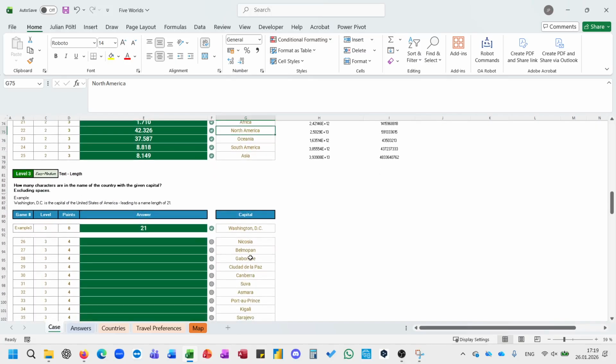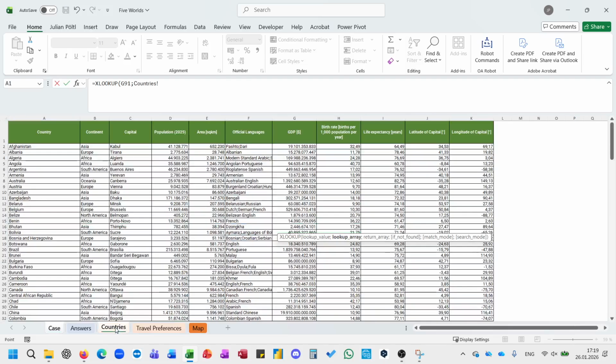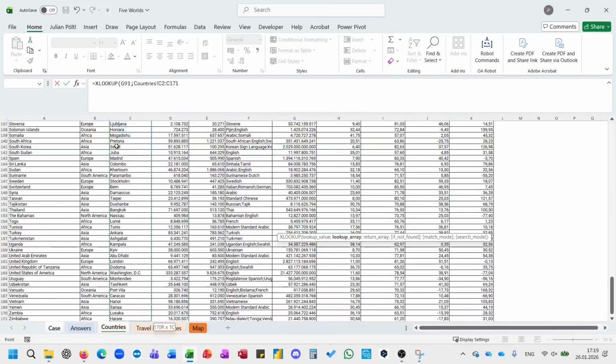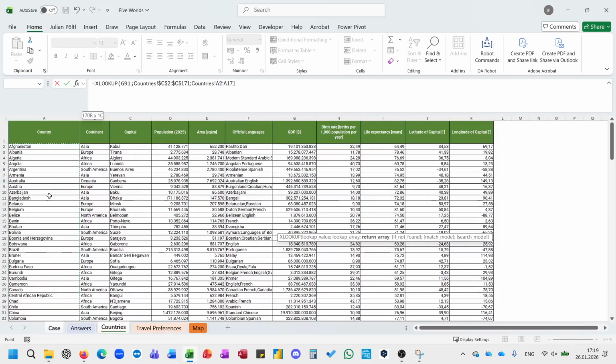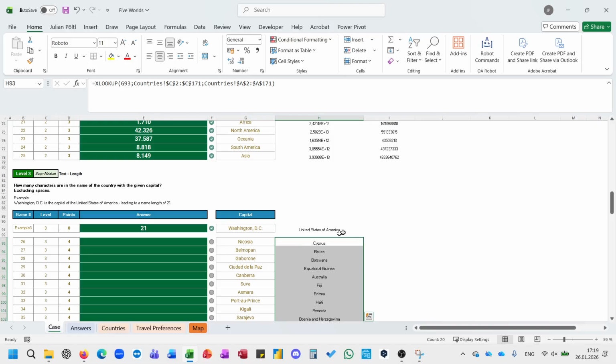Now level 3, how many characters are in the name of the country with the given capital? So first we need to get the country name. Capital is given here, but we want to have the country name. And we should exclude spaces.